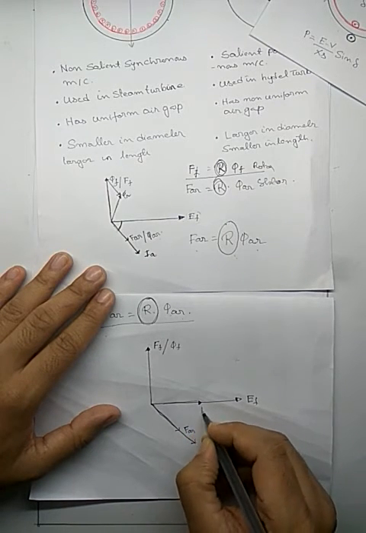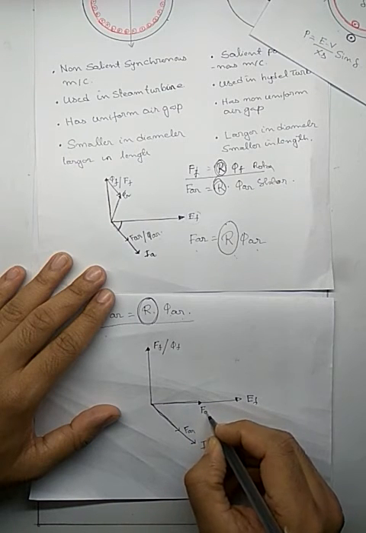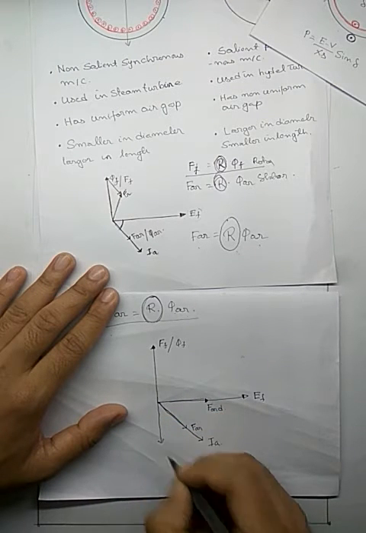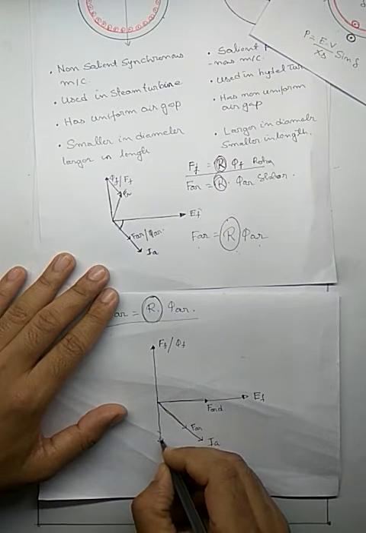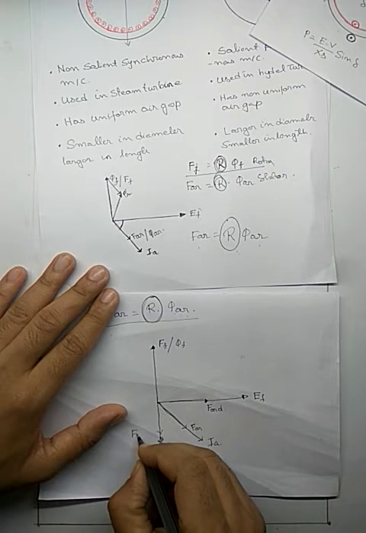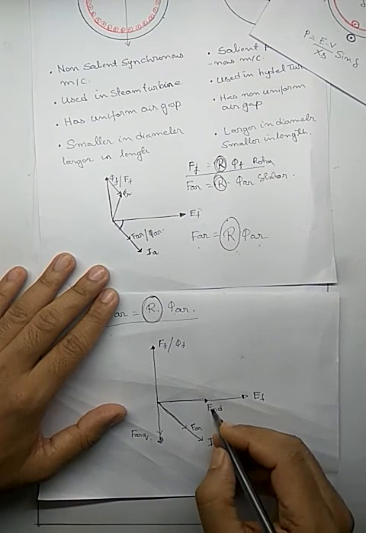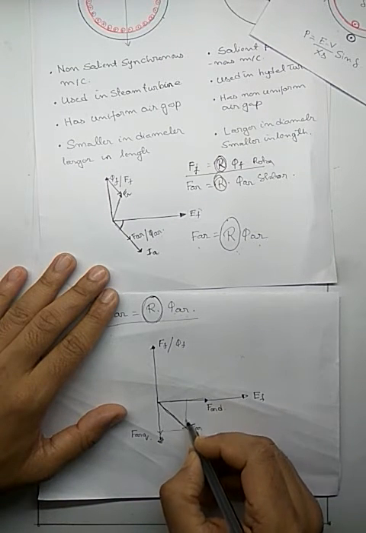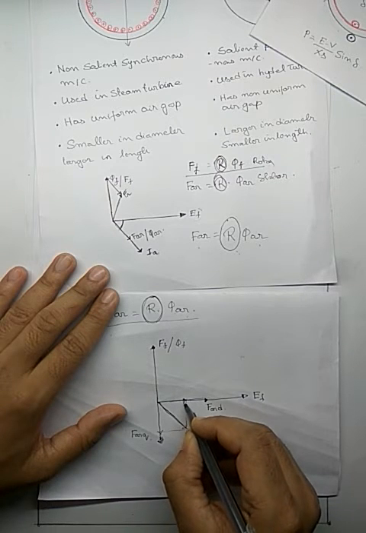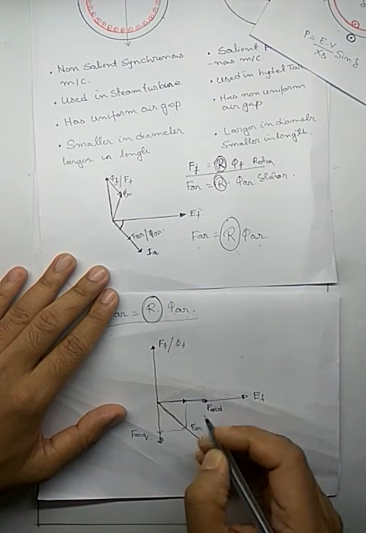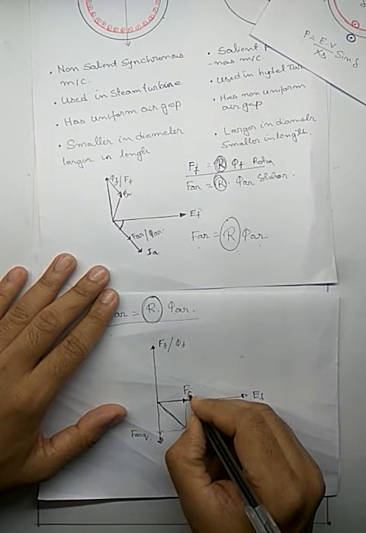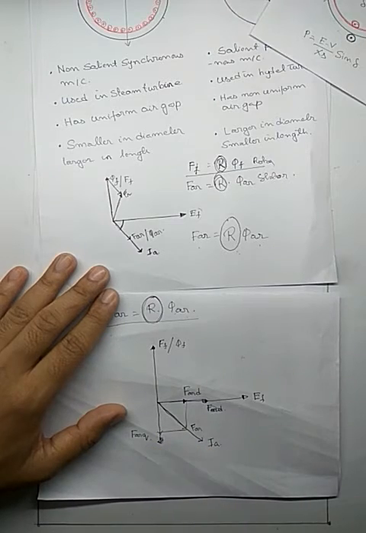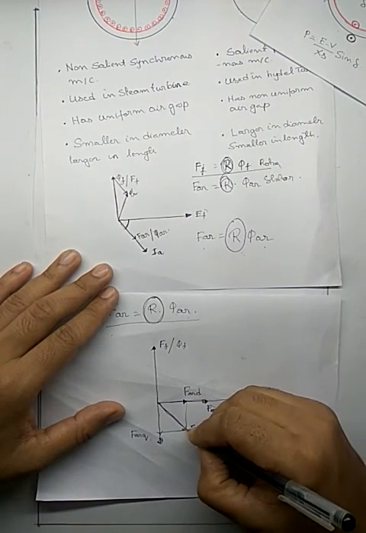One, say this is FARD, and this is FARQ. This vector we have split into two components, FARD and FARQ. What are these two components?